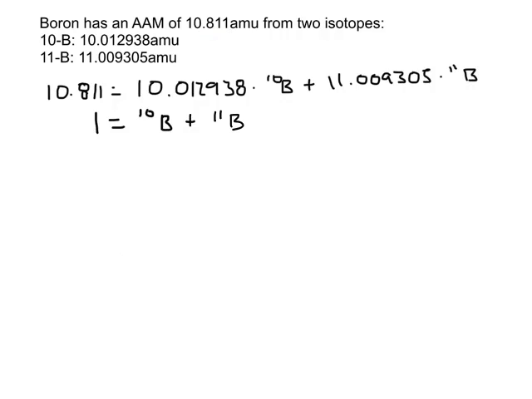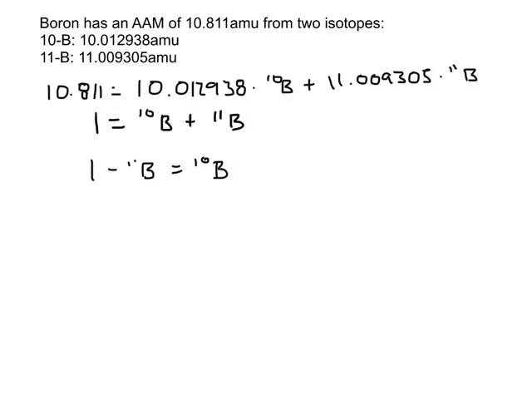So I'm going to take this second equation here, and I'm going to solve that for 10B by subtracting 11B from both sides. You could solve for 11B also.